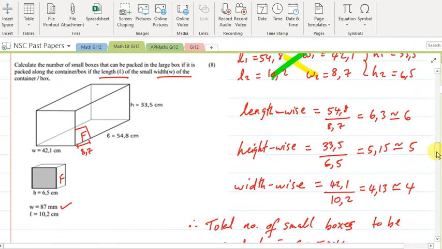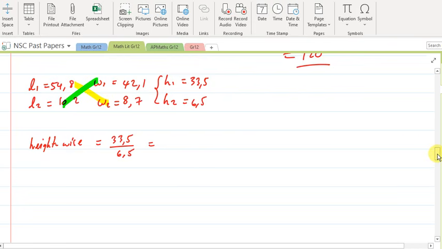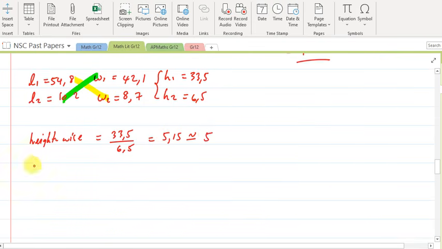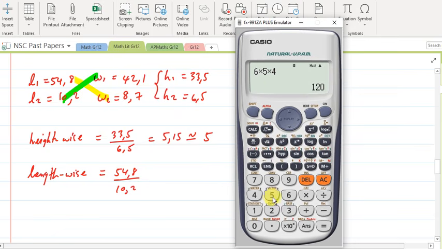Then, if I take the length and divide by the length, if I take 54,8 and divide by 10,2, see what we get. 54.8 divided by 10.2, you're getting an answer of 5,37, so approximately equal to 5.